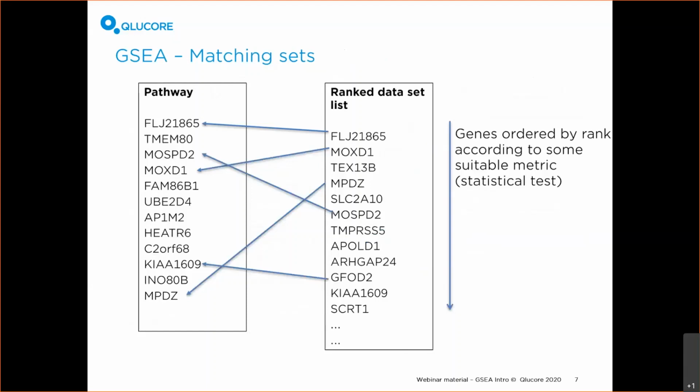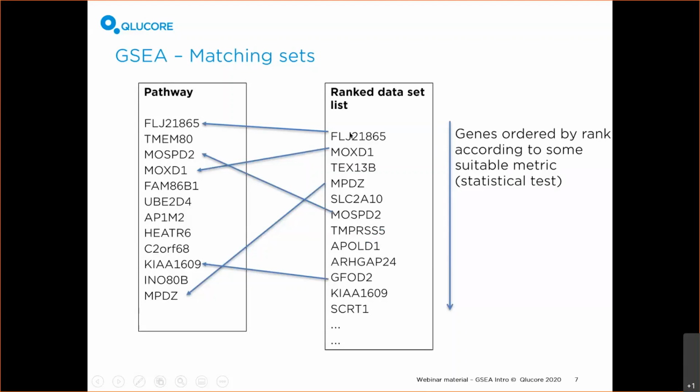And then once we have matching symbols, what we do is that I rank my data set, so I have my most interesting gene. If it's a T-test, I will have the most interesting upregulated genes in the top of my list and the most interesting downregulated genes in the bottom of my list.